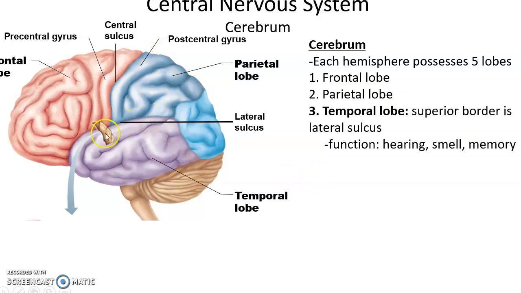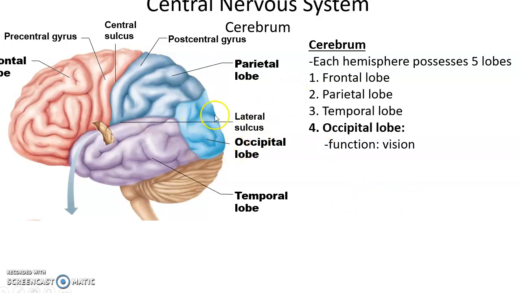There is the lateral sulcus, a little groove here that separates the temporal lobe from the parietal and frontal lobes. Temporal lobe on the lateral sides. The temporal lobe is important for hearing. Hearing is localized to it. Smell, olfaction, is localized to it, and it also has some important roles in memory. Of course, the frontal lobe does as well.